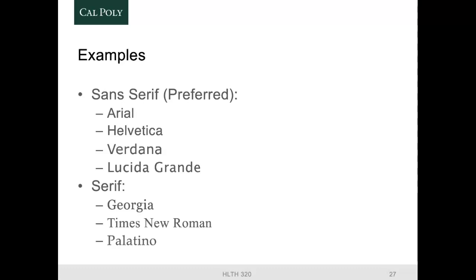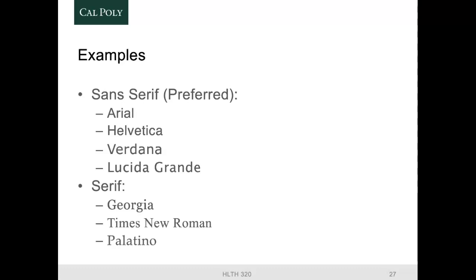You'll see in these examples, Arial, Helvetica, Verdana, Lucida Grande, that the strokes on these fonts don't extend out from the top or the bottom of the actual letters. These fonts are really easy to skim because of the formation of that text, which makes them really ideal for writing for the web.